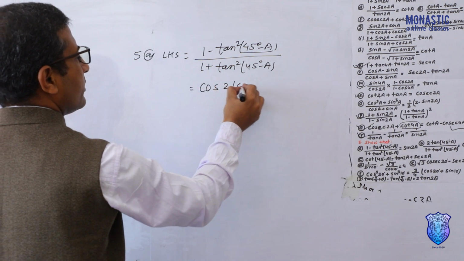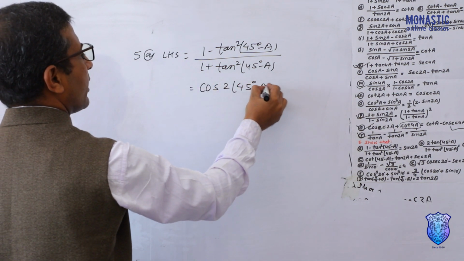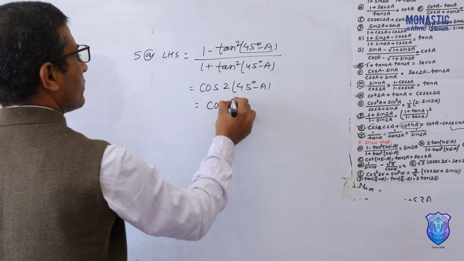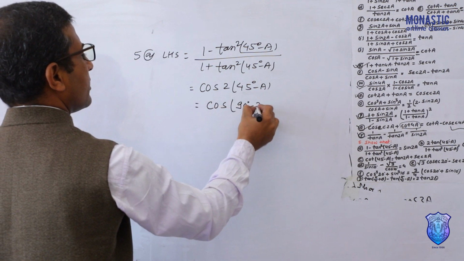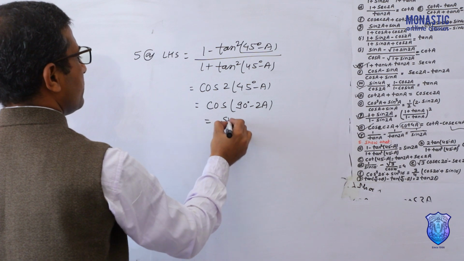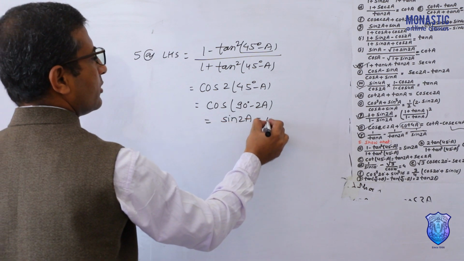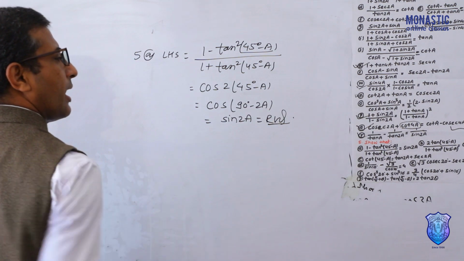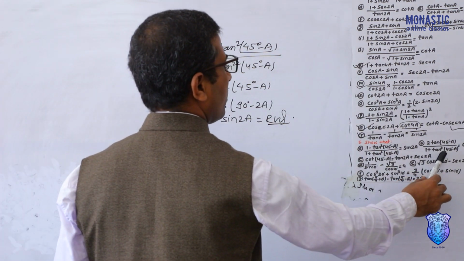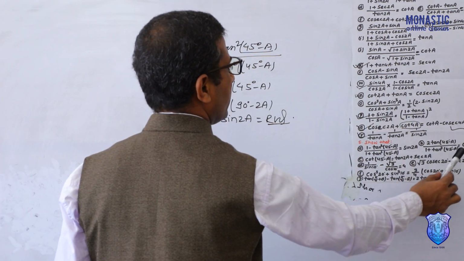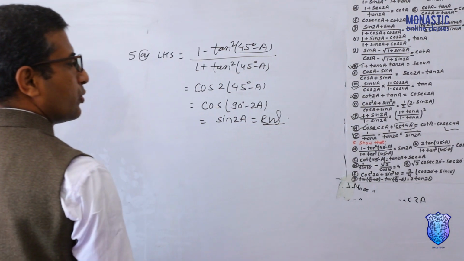So we can write it as cos 2 times (45 minus a), which is cos (90 degrees minus 2a), and cos (90 minus 2a) is sin 2a. Exactly the same, that's the formula of sin 2a, then you will get the result cos 2a.